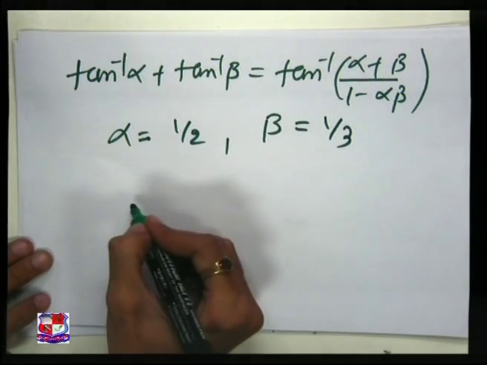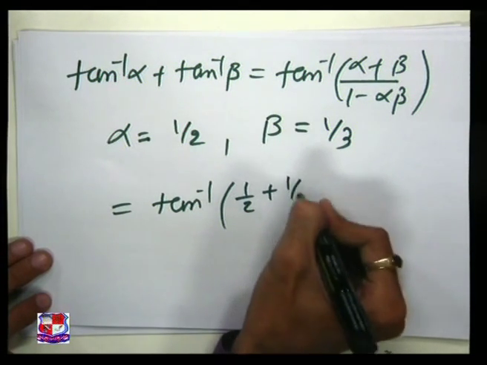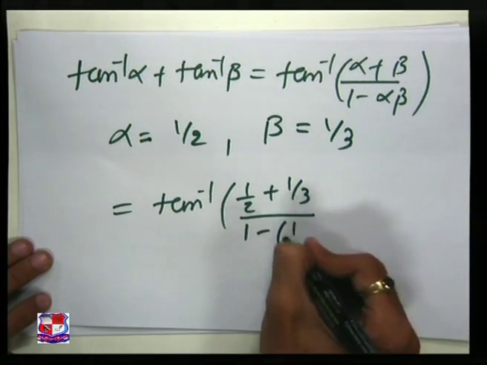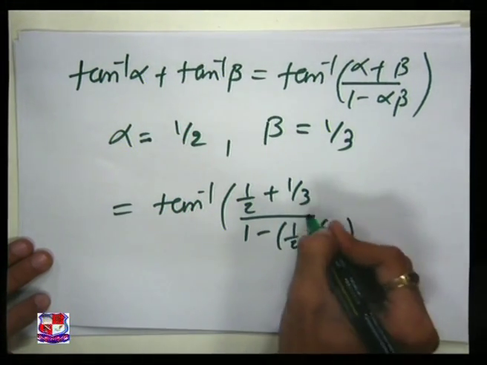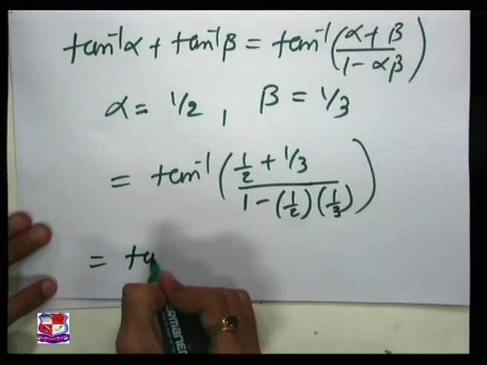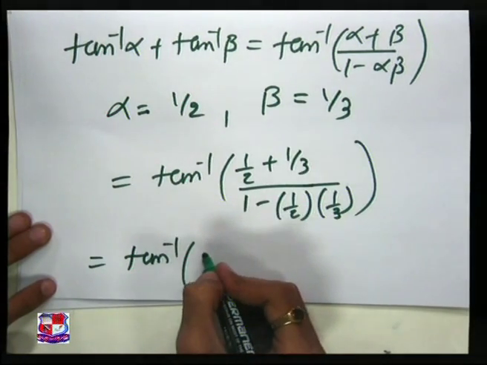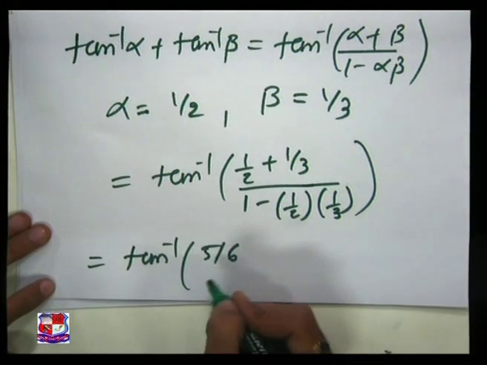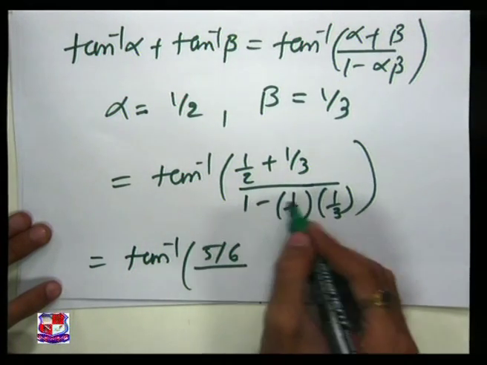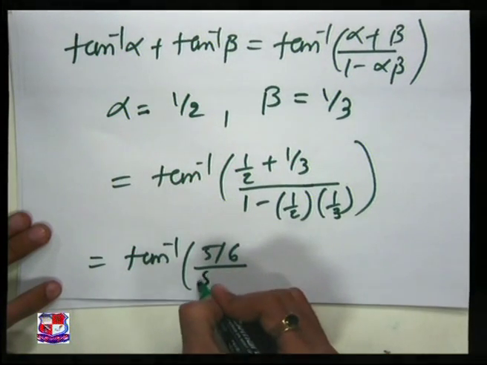So this one is equal to tan inverse 1 by 2 plus 1 by 3 upon 1 minus 1 by 2 into 1 by 3. Okay, so that is clear that 1 by 2 plus 1 by 3 is equal to 5 by 6, and again here 1 minus 1 by 6, that is again 5 by 6.